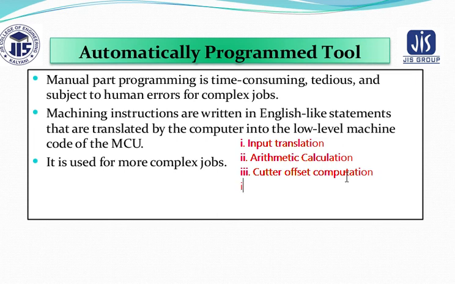Number 4, post processor. So if the job of the computer in CAPP is required, it has to go through these four portions: first input translation, second arithmetic calculation, third cutter offset computation, and fourth post processor.